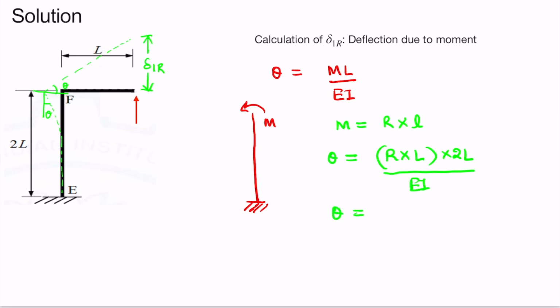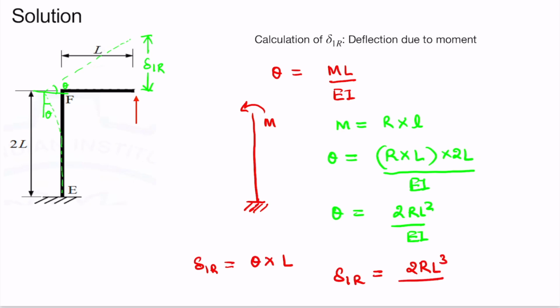So theta will be 2RL square by EI, and consequently we will calculate the value of delta 1R as theta multiplied by L, which is delta 1R equal to 2RL cube by EI.